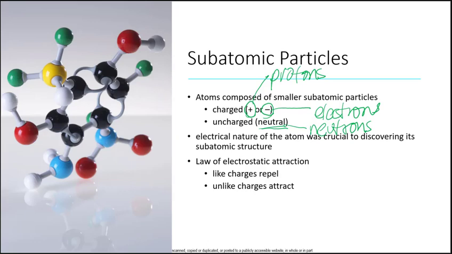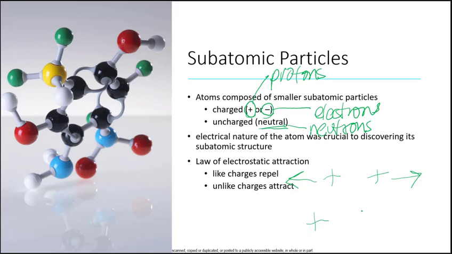So there are some laws of electrostatic attraction that we need to know. We need to know that like charges repel and unlike charges attract. So opposites attract. If I have two positively charged ions, they're going to push away from each other.